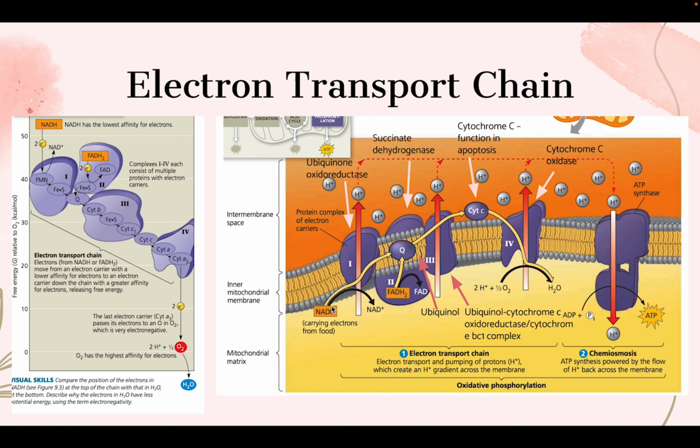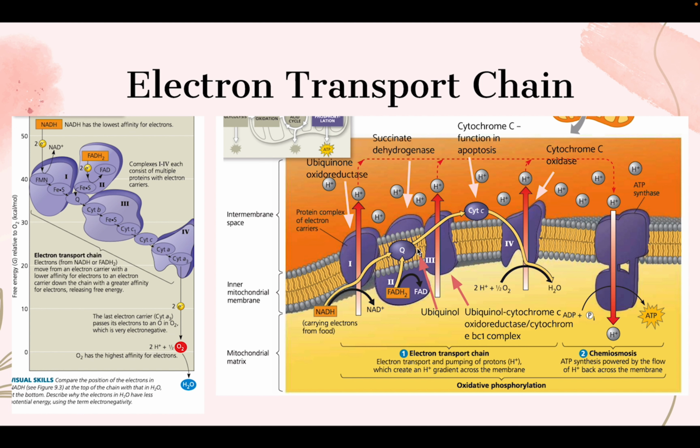Complex 1 is where NADH drops off its electrons. It's also called ubiquinone oxidoreductase, and those electrons get carried along with the electrons from FADH2, which are dropped off at complex 2, also called succinate dehydrogenase, which is also present in the Krebs cycle.